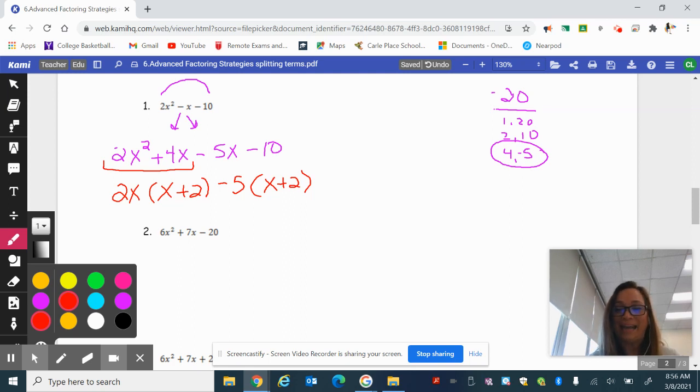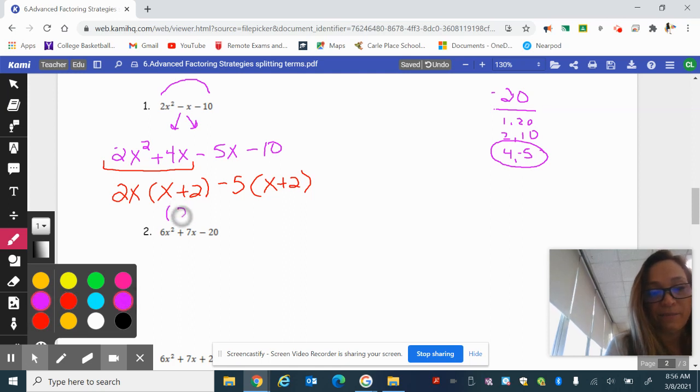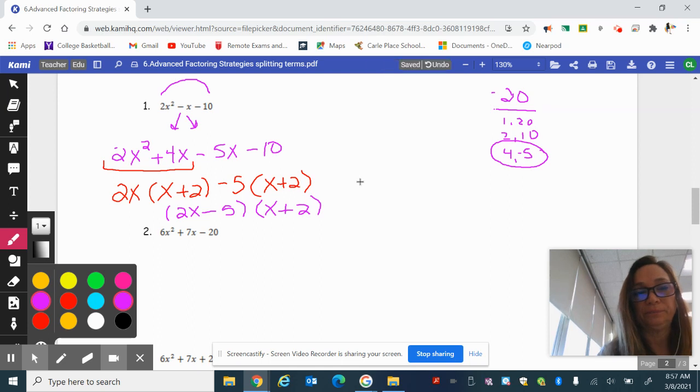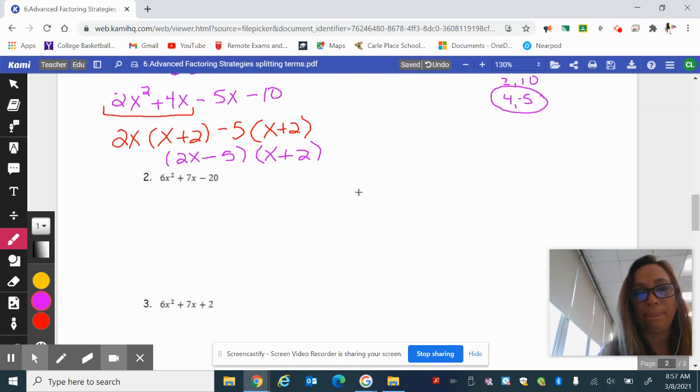So that can happen. It's more about the fact that the x plus 2 has to match the x plus 2, because this comes from the distributive property. Somebody distributed a 2x minus 5 onto an x plus 2. Okay, and this is called splitting the linear term.